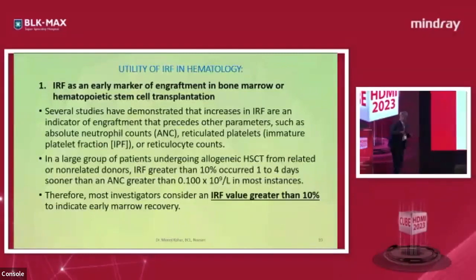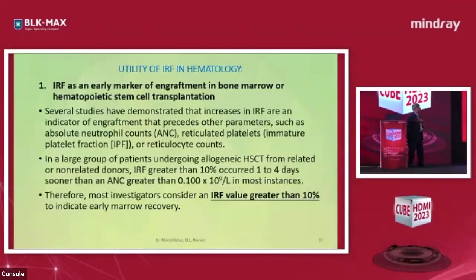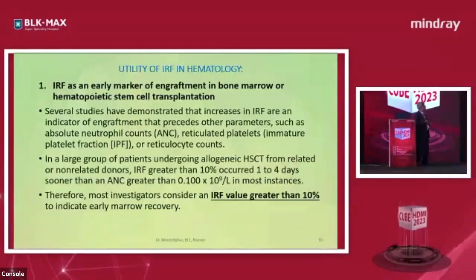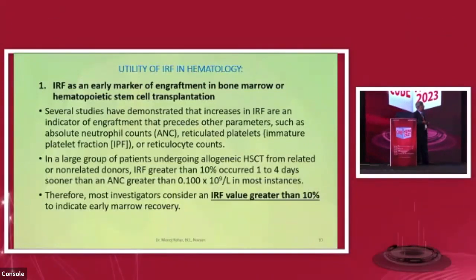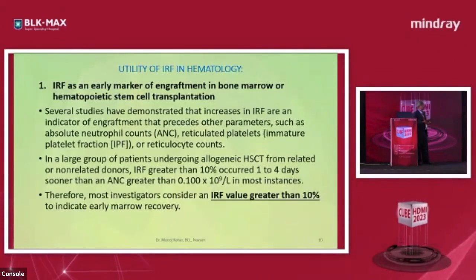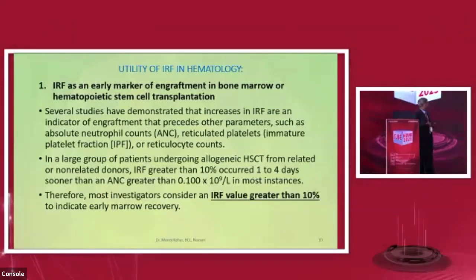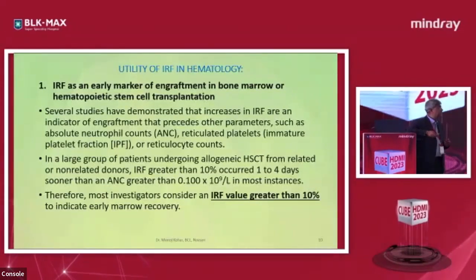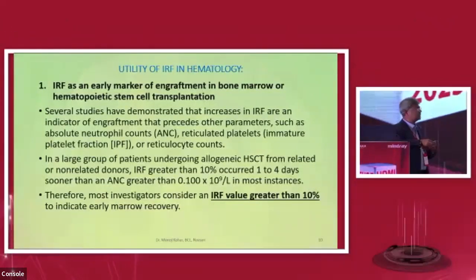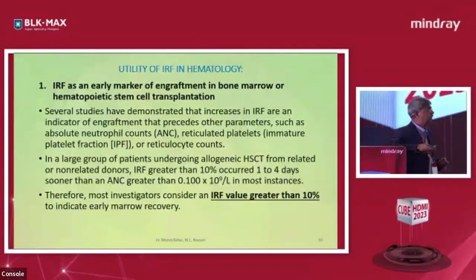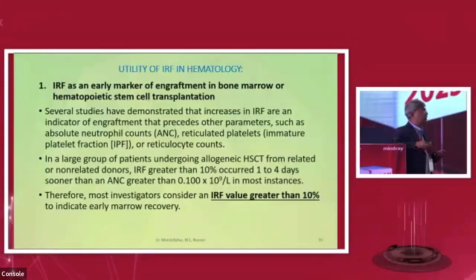Now, IRF is considered an early marker of engraftment in bone marrow or hematopoietic stem cell transplantation. Several studies have demonstrated that increases in IRF are an indicator of engraftment that precedes other parameters like absolute neutrophil count, reticulated platelets, or reticulocyte counts.